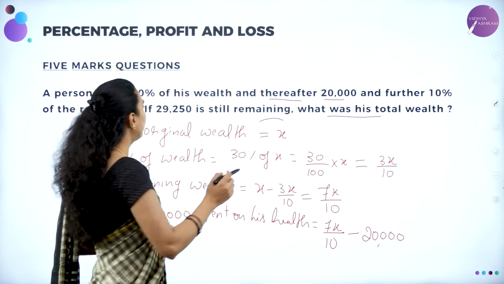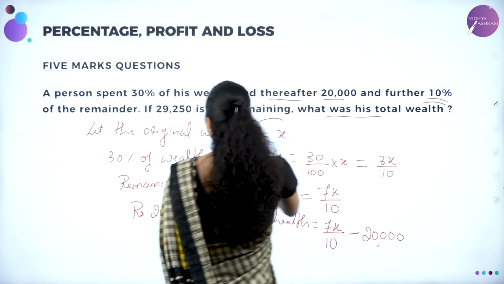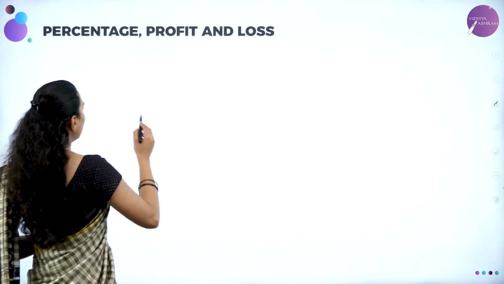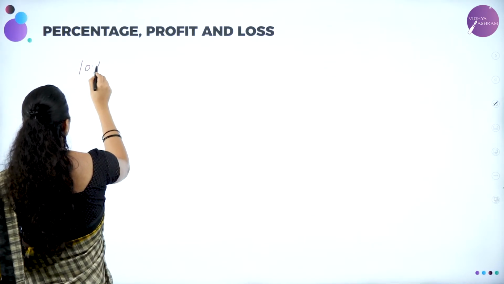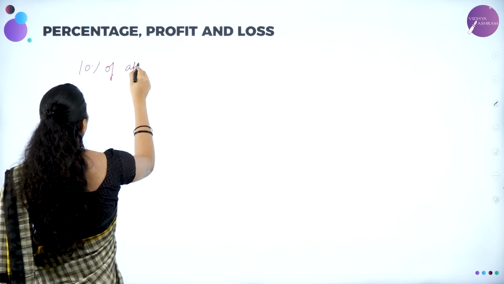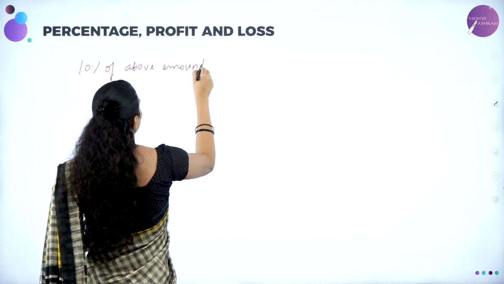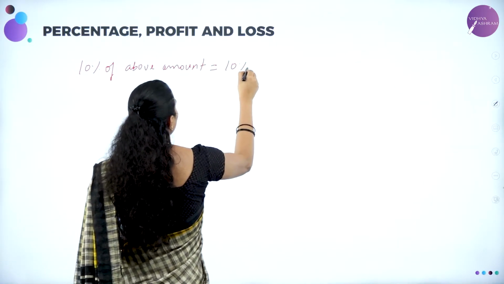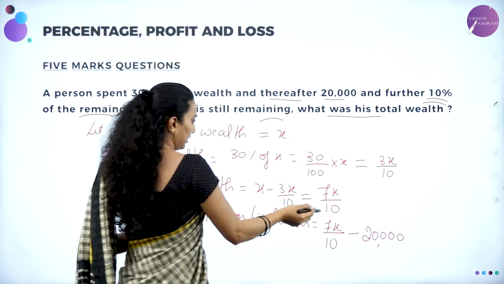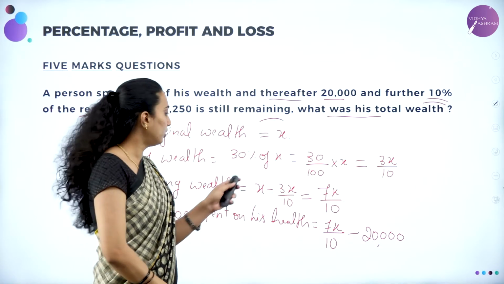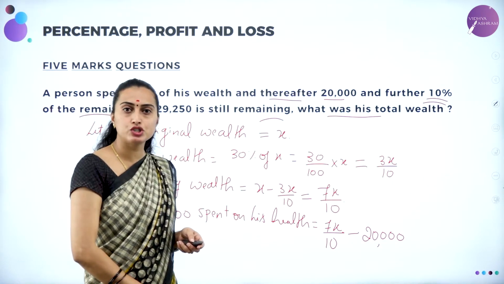So again they have given 10% of the remaining. Correct? So what will be the remaining you are going to calculate then? So therefore 10% of the above amount, correct? Which will be equal to 10% of, 10 into 20, so 20,000 into 10 which is nothing but 2 lakh.